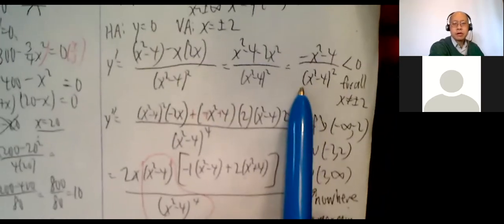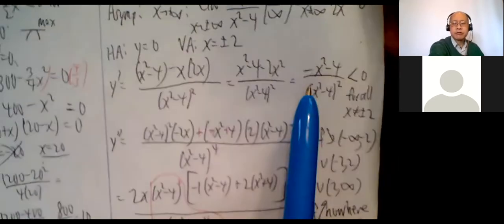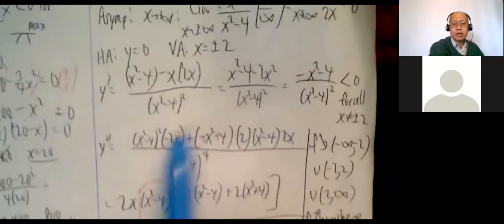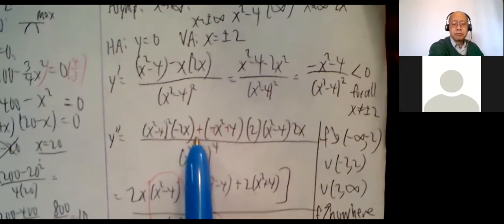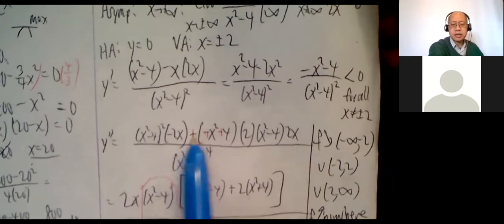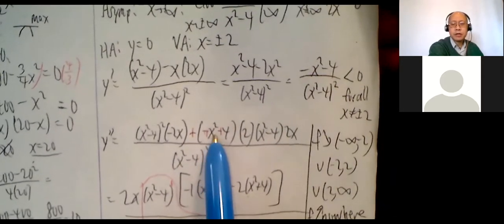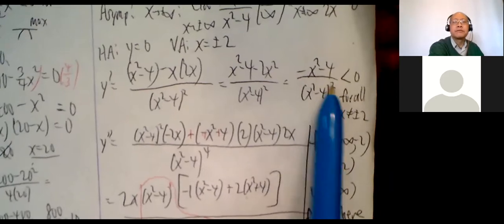Now quotient rule. Bottom, x squared minus 4 squared, times the derivative of the top. Derivative of the top is negative 2x. Minus, it's a double negative, so right now pretend it's minus. The top, negative x squared minus 4, times the derivative of the bottom.